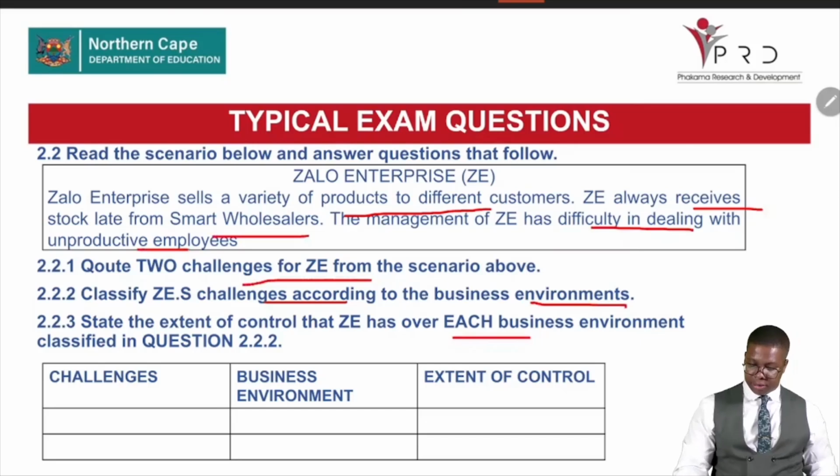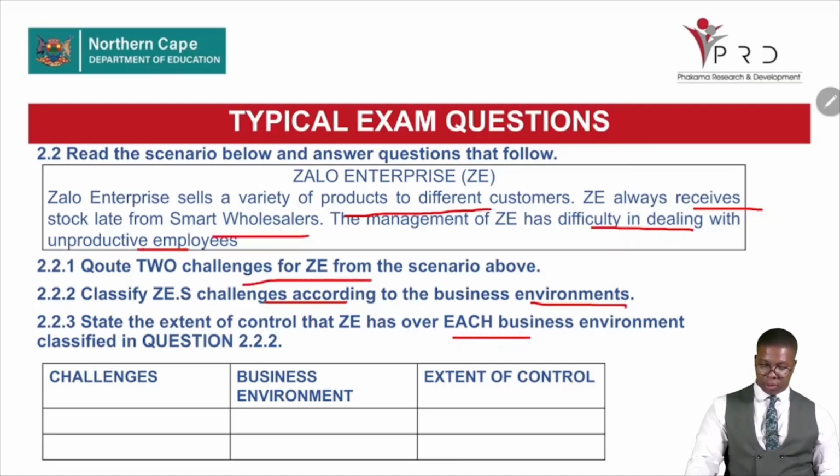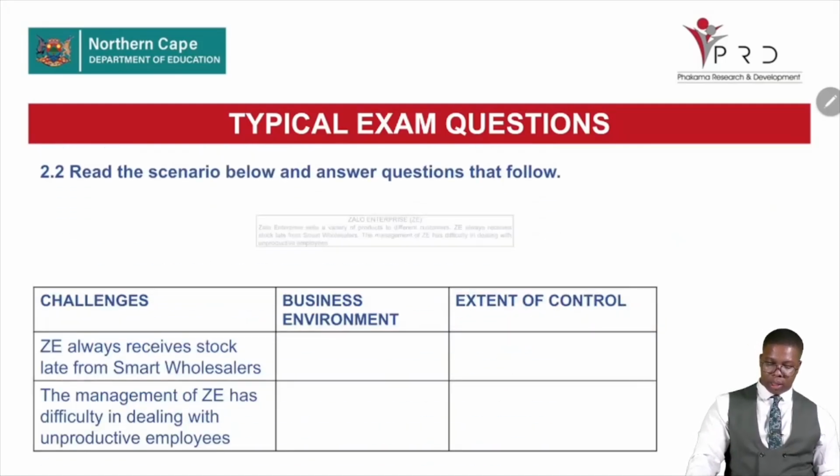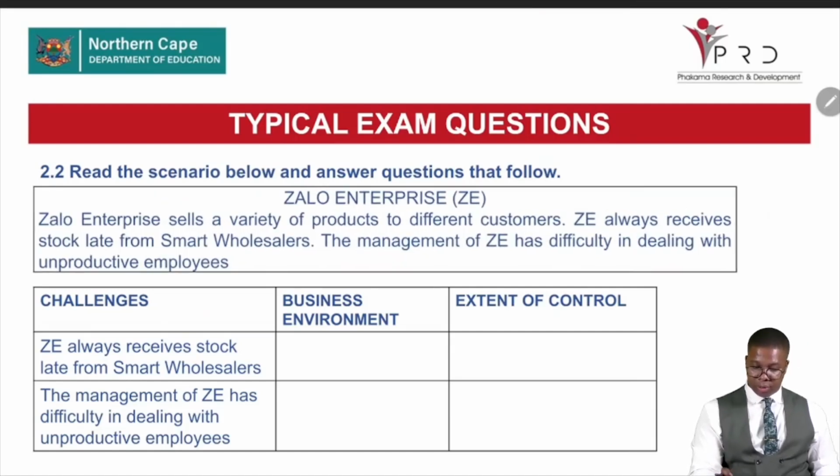So the challenges are very straightforward: they receive stock late and they also have difficulty dealing with unproductive employees. So here's the scenario, and these are the challenges already quoted for you to make things easy. They always receive stock late from what now? Smart wholesalers. And then another one is the management of ZE always has difficulties in dealing with unproductive employees.